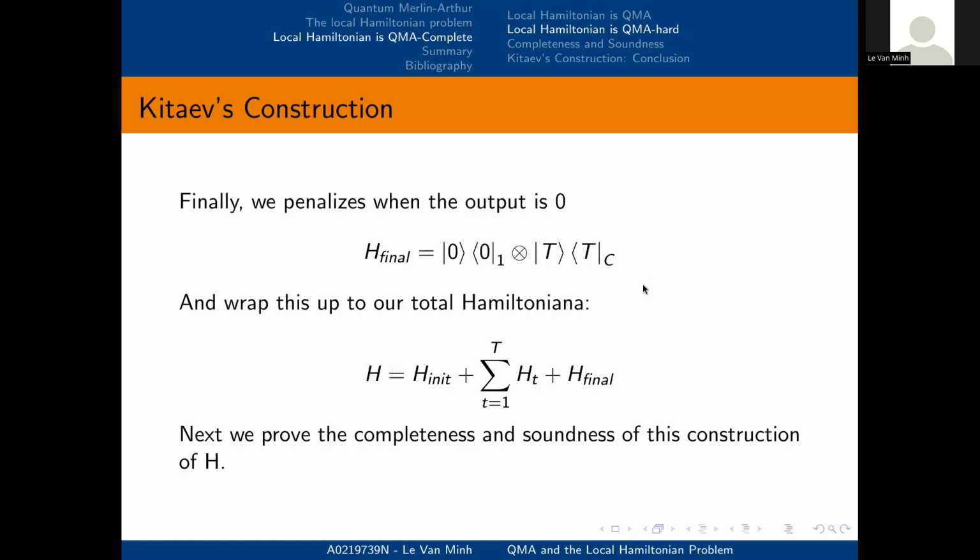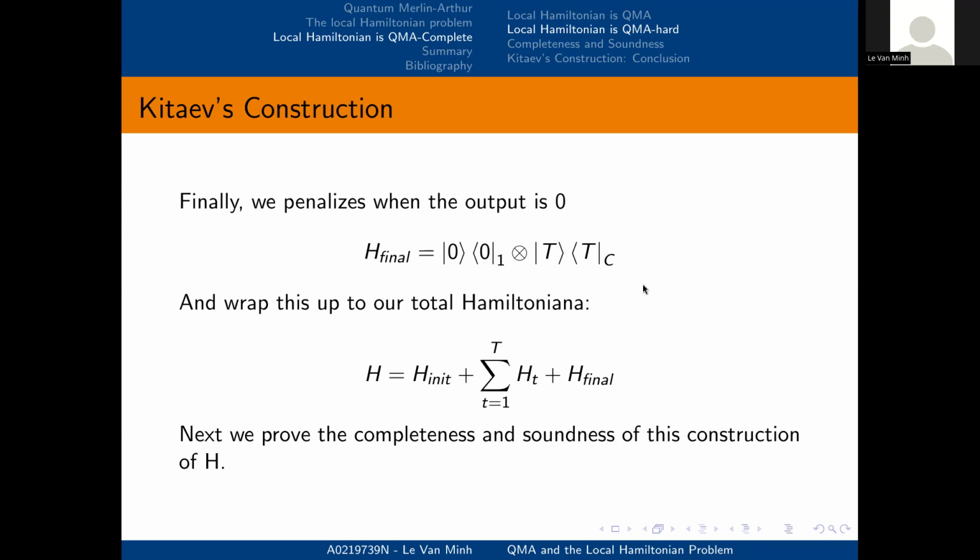And after we have penalized the initial state for deviation and the intermediate state for deviation, we penalize when the output is rejection. Again, you will see that this is very convenient for us when we try to prove completeness.